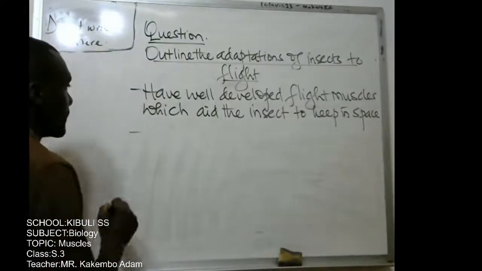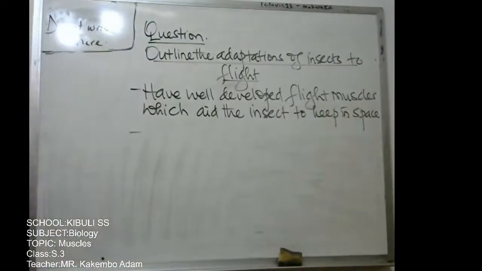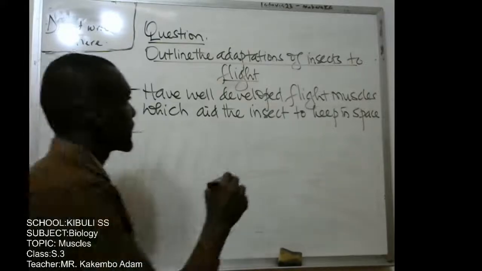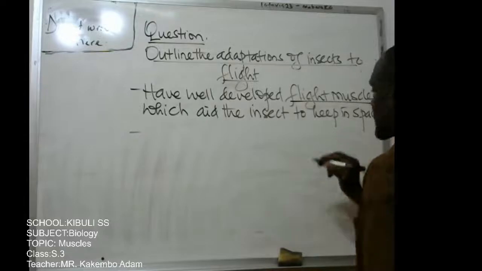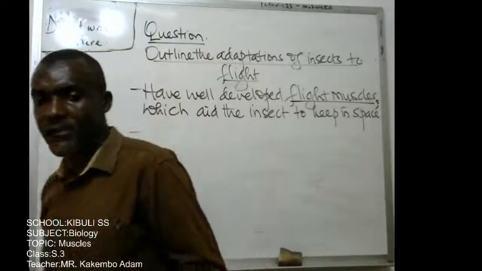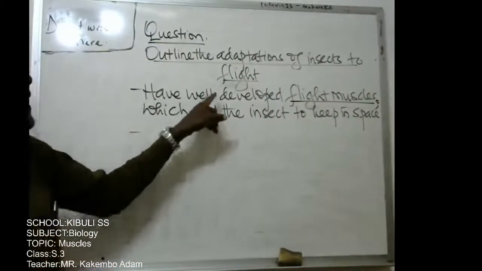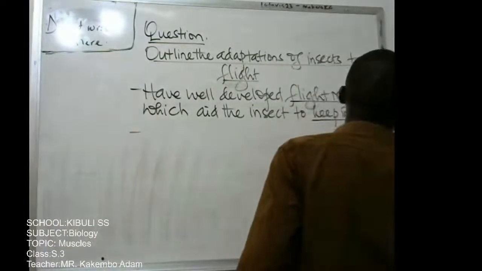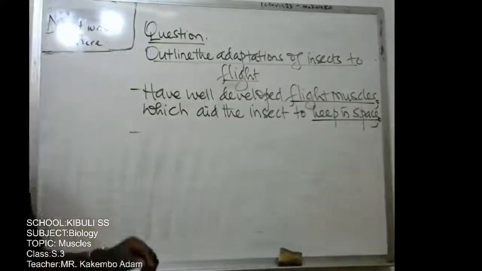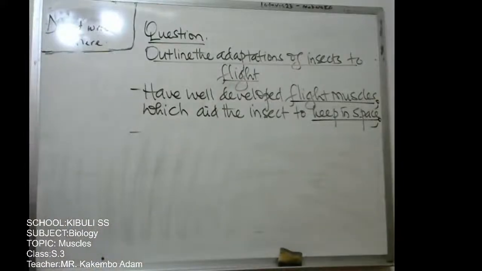That is one. Another adaptation, remember as we are stating adaptation, you mention the feature. The feature is flight muscles. Please take note. Relate the feature to the function. Flight muscles that are well developed keep the insect in space. They keep it in flight, in motion.